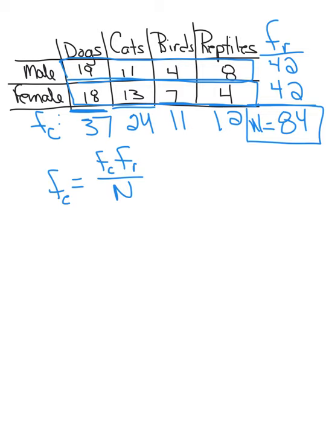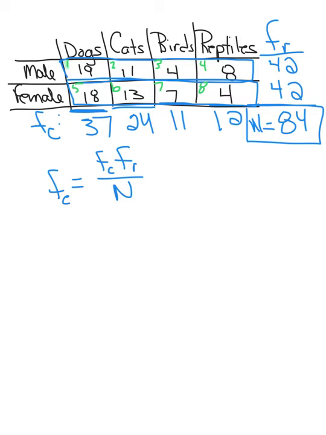So I'm going to number this one 1. Oops, sorry, this is the wrong pen. So this is going to be cell 1, cell 2, cell 3, cell 4, cell 5, 6, 7, and 8. That way I can just keep organized.